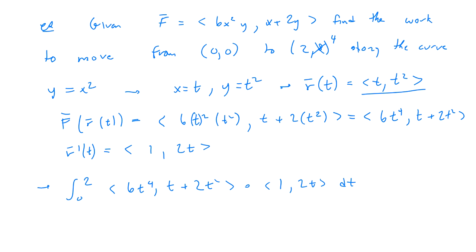Now here, let me say what both pieces are. This is the force at a particular place, in this case at t. And this is the vector of the tangent line. It says how much x and how much y change if we change by delta t.